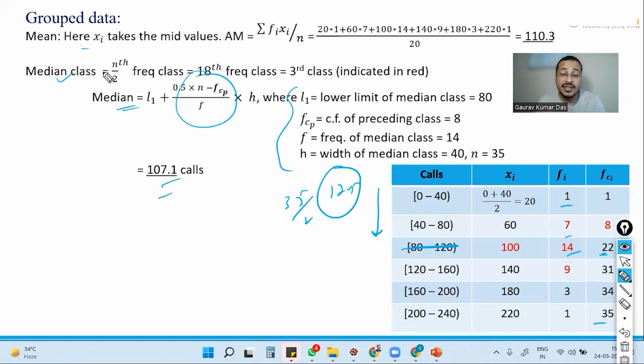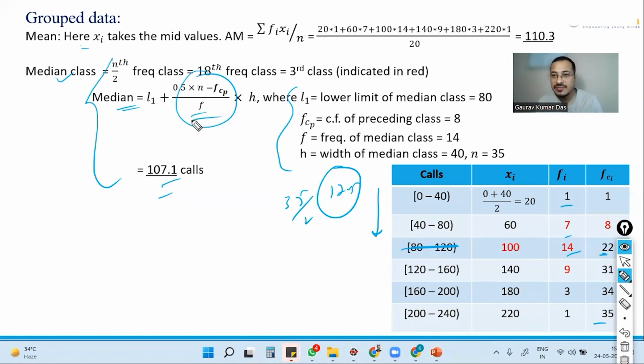This data set was for the motorists' passengers data set, calls per hour in a day. But please understand, we don't remember all these formulas because Python's inbuilt functions will calculate and give it to you.